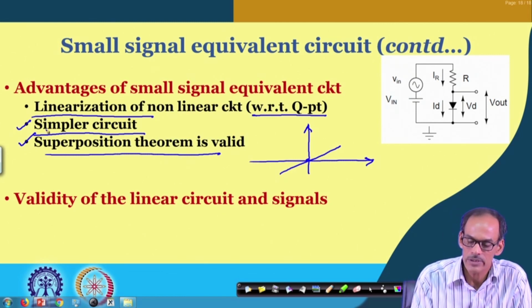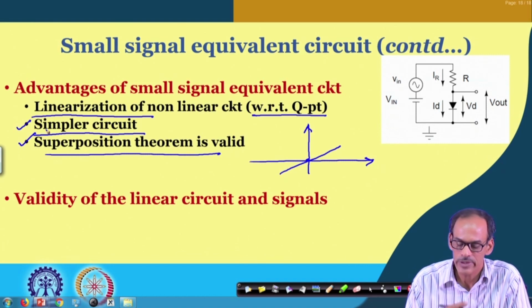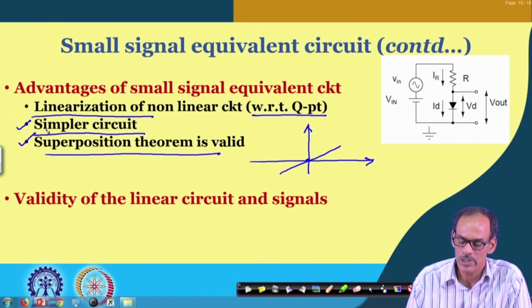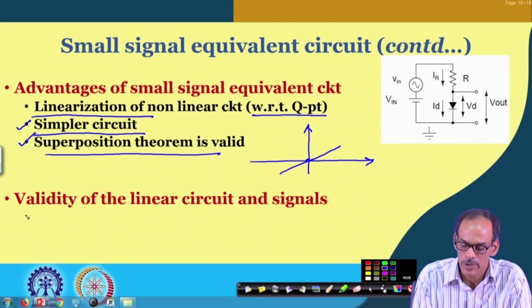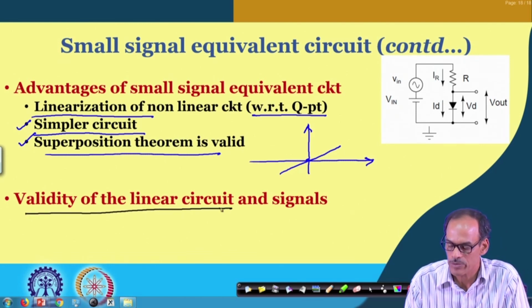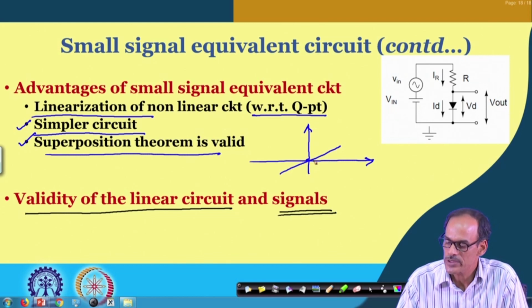These are the important advantages, and that is why for analog circuits we always find the operating point of the nonlinear circuit, then move to the small signal equivalent circuit or linearized circuit. However, a word of caution: the validity of the linear circuit has to be maintained, and the signal level should be such that we restrict our voltages and currents within the linear range of operation.